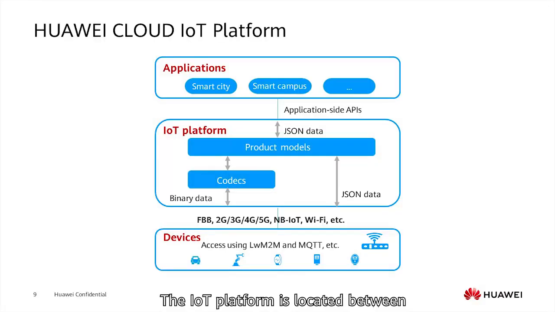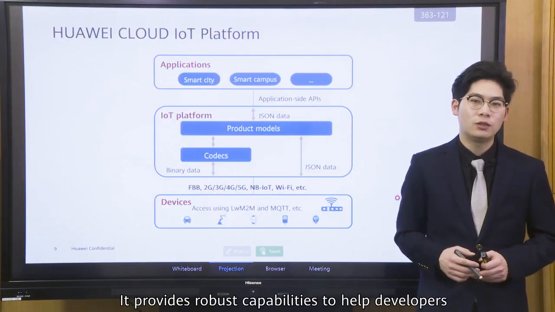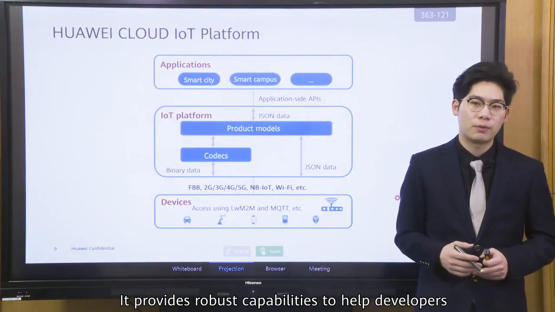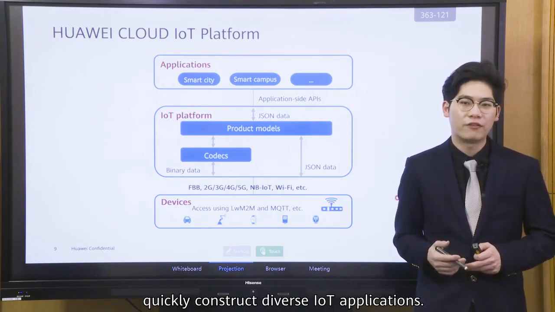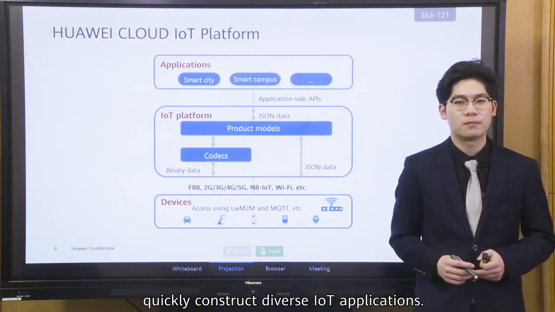The IoT platform is located between the applications and the devices. It hides differences between device interfaces to enable quick device access. It provides robust capabilities to help developers quickly construct diverse IoT applications.